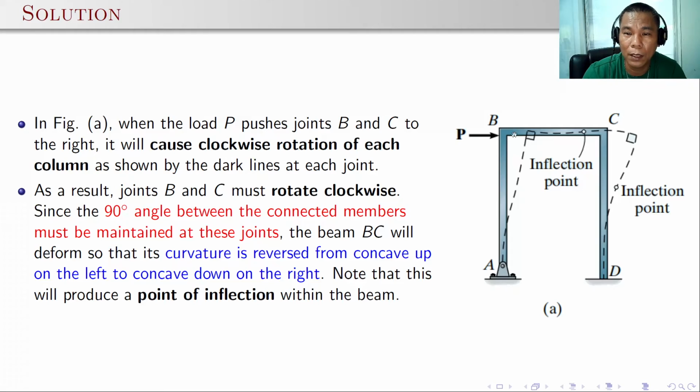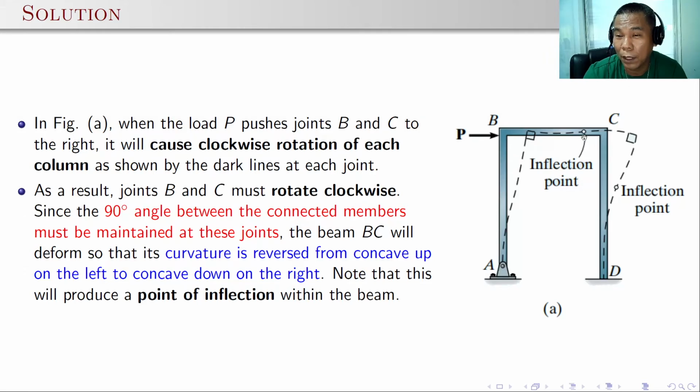But take note that joints B and C are rigid, so the angle, which is 90 degrees, will be maintained. Since we have to maintain this 90 degree angle, this beam BC will rotate. By rotating it, there will be a change in curvature from positive bending to negative bending.